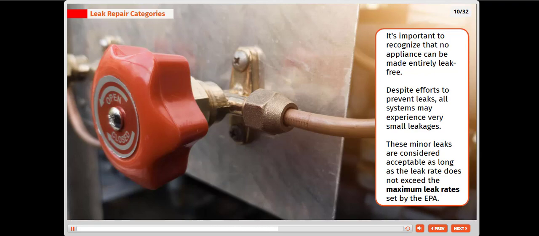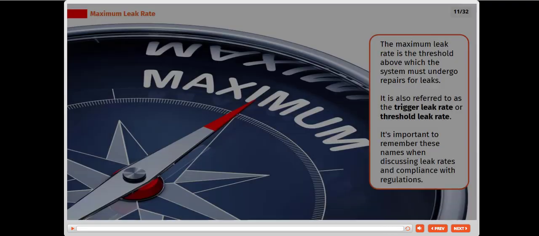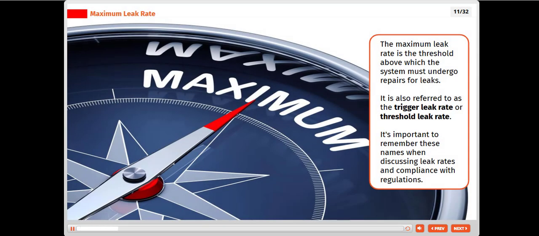These minor leaks are considered acceptable as long as the leak rate does not exceed the maximum leak rate set by the EPA. The maximum leak rate is the threshold above which the system must undergo repairs for leaks. It is also referred to as the trigger leak rate or threshold leak rate. It's important to remember these names when discussing leak rates and compliance with regulations.